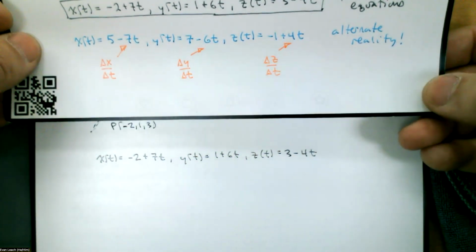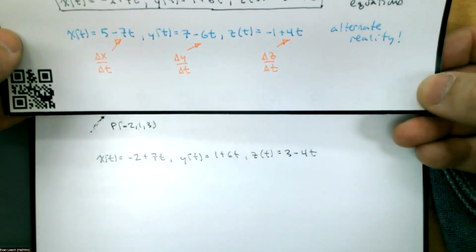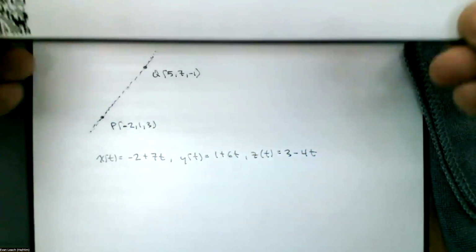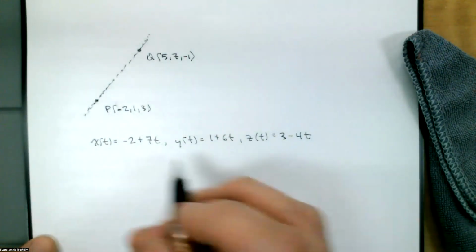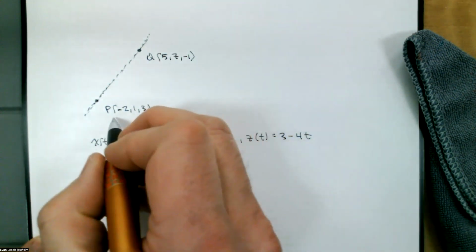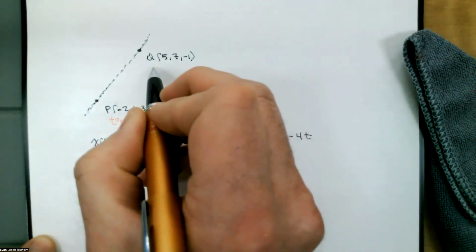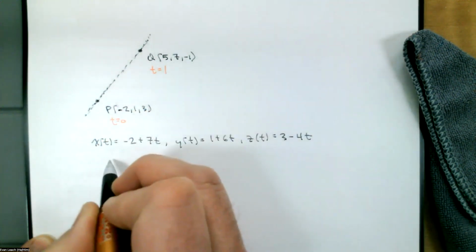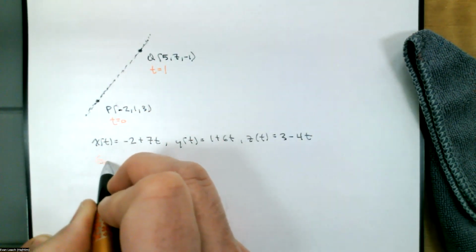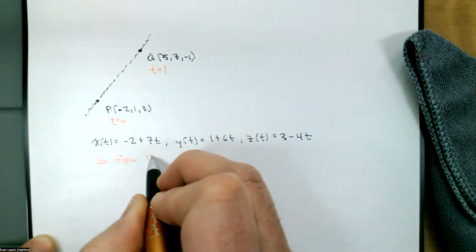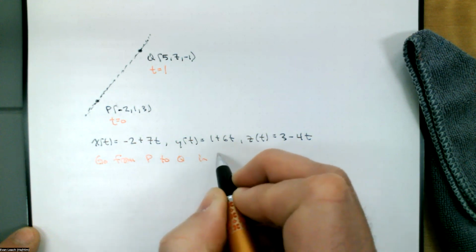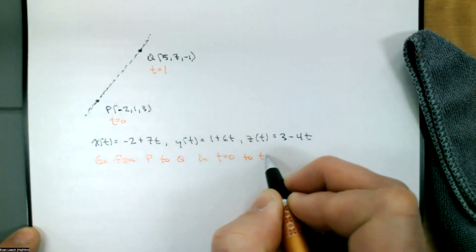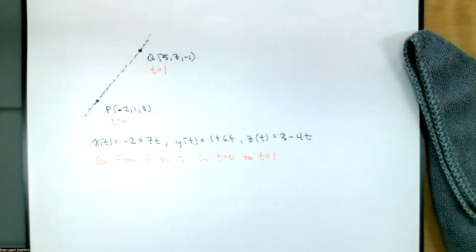If the x goes in one direction, if the x goes the opposite direction, then t goes in the opposite direction as well. So fine. So this goes from P to Q as t goes from 0 to 1. But we might look at this and say, this is too fast, let's slow down.